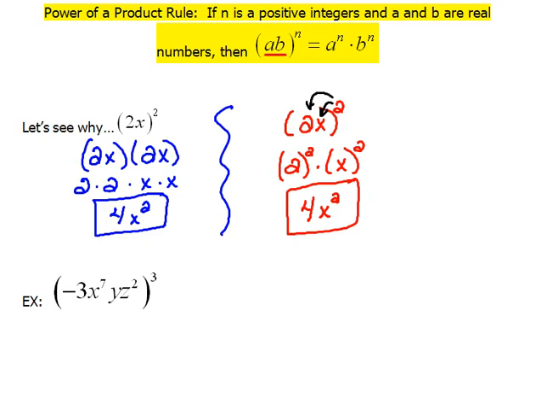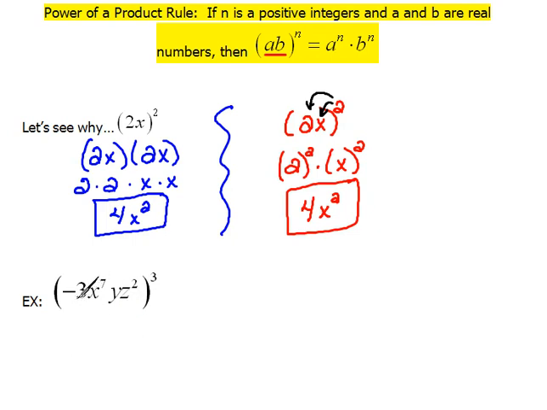Now let's try working another problem here. In this example, we have negative 3 x to the 7th y z squared, and all of that is being cubed. Well, before we start working with this, I want you to pay special attention that only the x is being raised to the 7th power. That's it, not anything else. And only the z is being raised to the second power, not anything else.